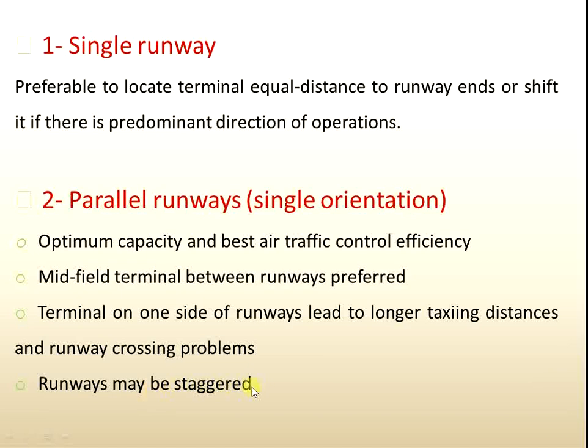In parallel runways, also known as single orientation, the capacity and air traffic control efficiency are very good. A midfield terminal between the runways is preferred. A terminal on one side means longer taxiing distance and runway crossing problems. Then runways may be staggered.